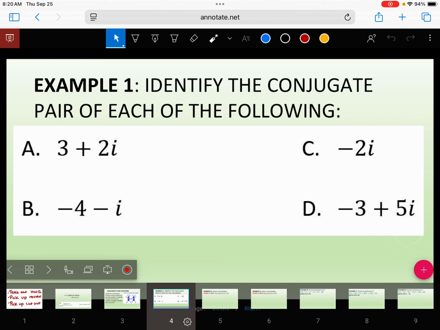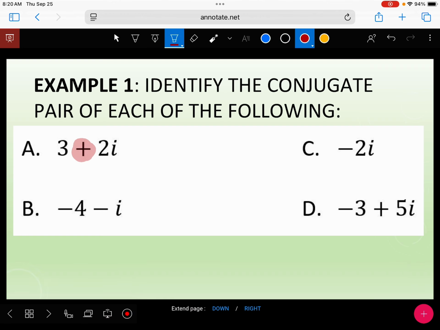And in your homework, the first couple questions, you're just identifying the conjugate. So here, if I know I have a 0 at 3 plus 2i, that means I also have one at 3 minus 2i.